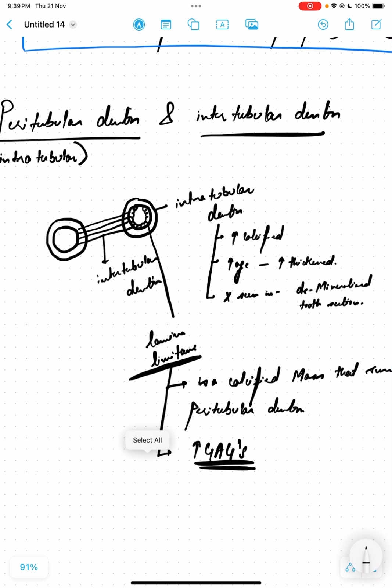Around the dentinal tubules we have the peritubular dentin, and between the dentinal tubules we have the intertubular dentin. Among the peritubular and the intertubular dentin, the highly calcified one is the peritubular dentin.